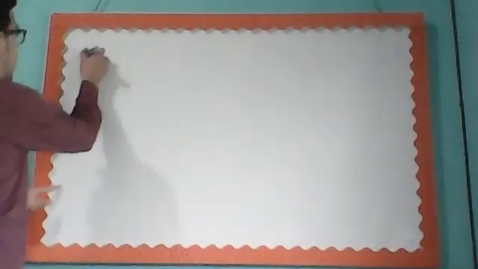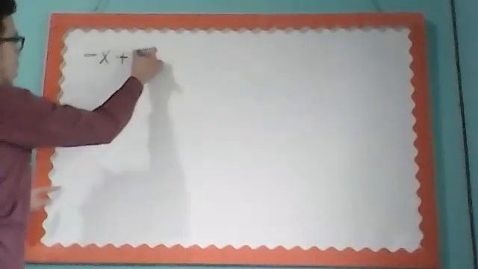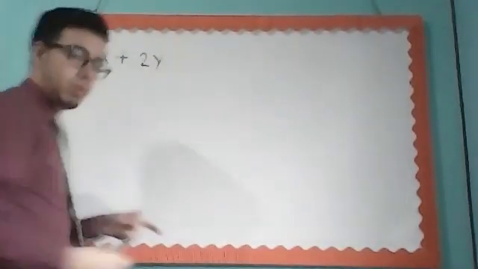The first step is to solve my equation for the variable. You have the equation, but remember, what shape does a function have? You have to start with the variable y, or f of x. So in this case, we need to isolate the variable y. We have negative x plus 2y equals 6.